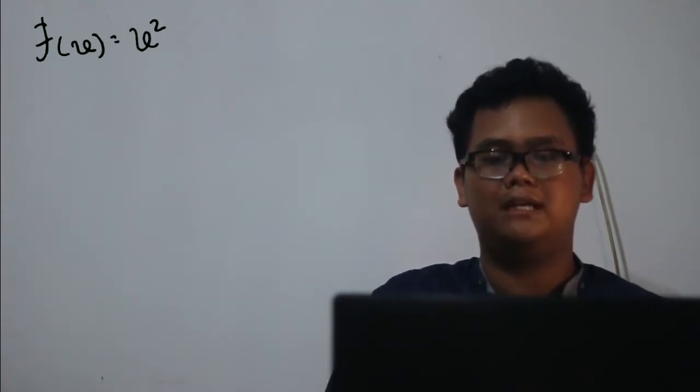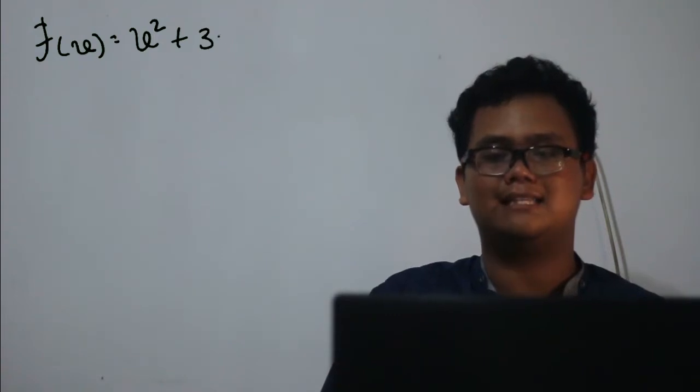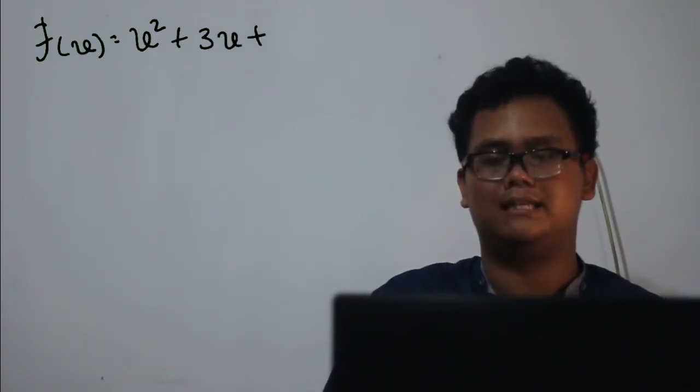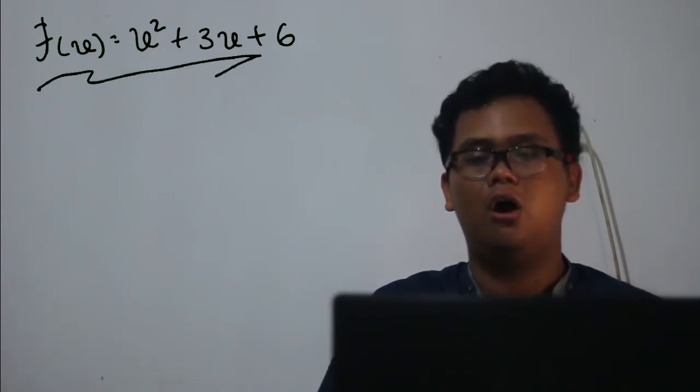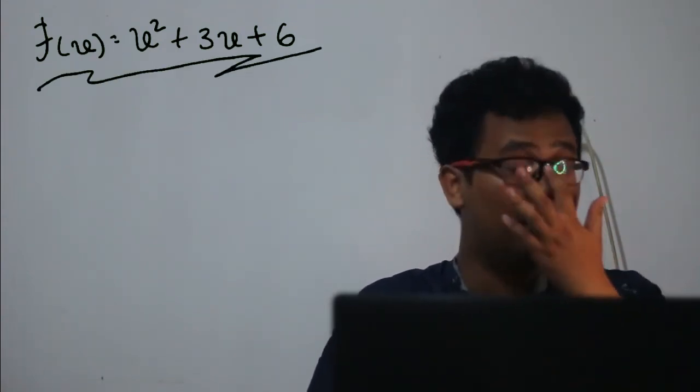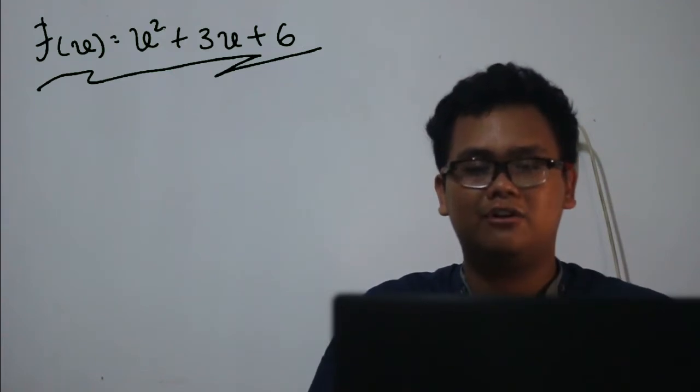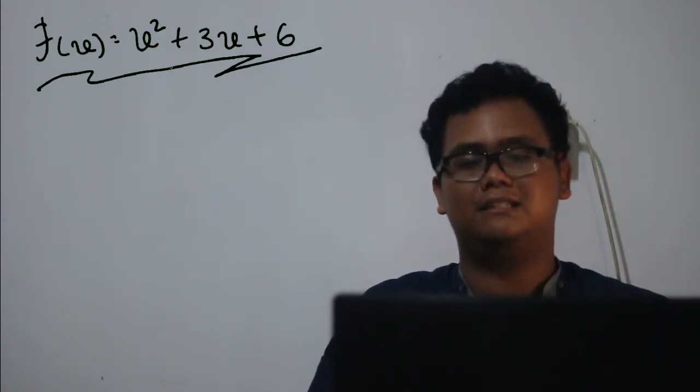We get a function like this. The function of x is x squared plus 3x plus 6. This is a function, or for more basic terms, the parameters.